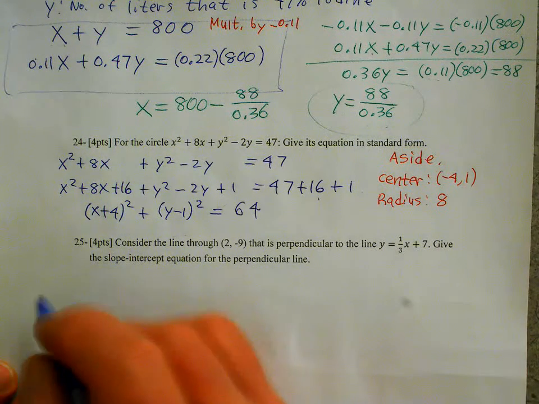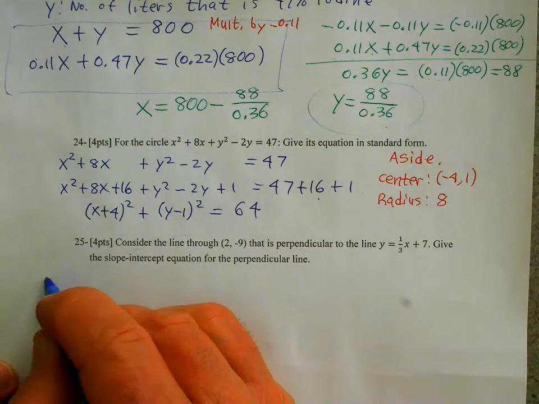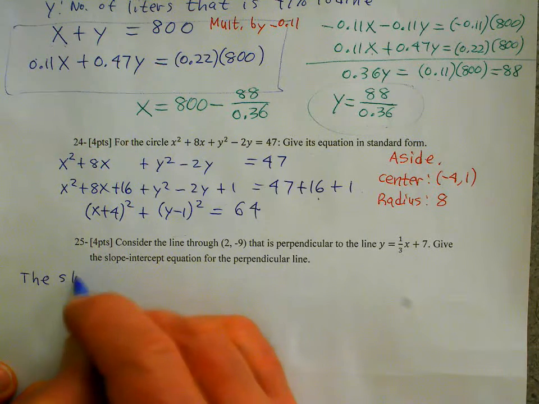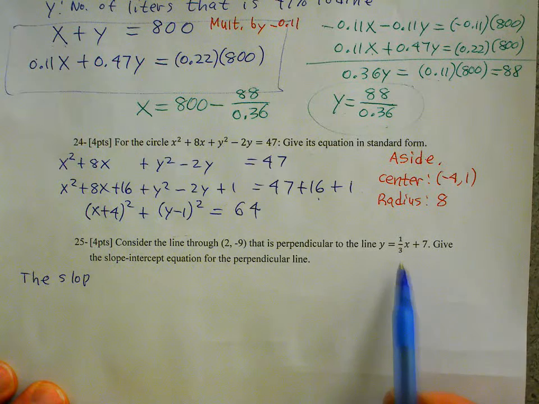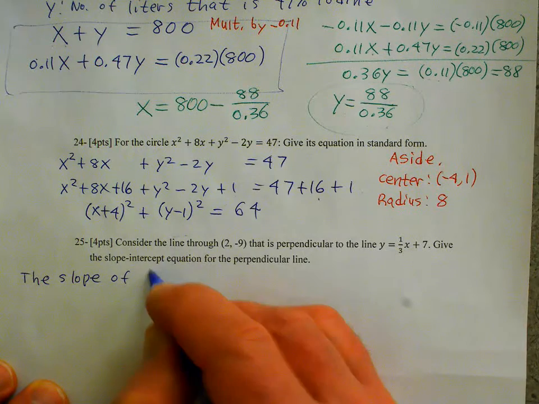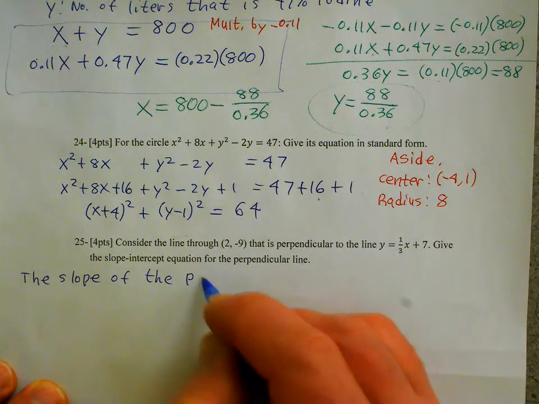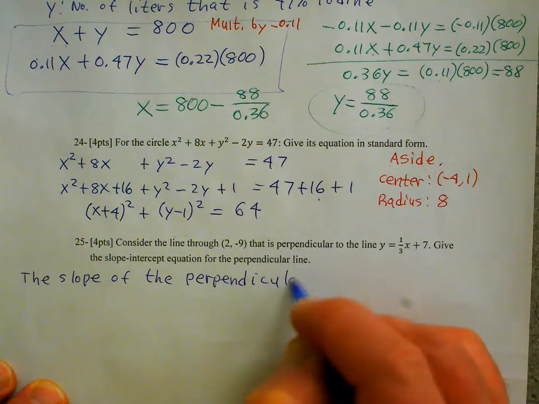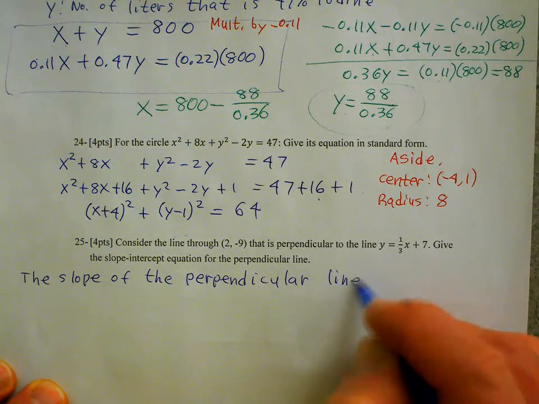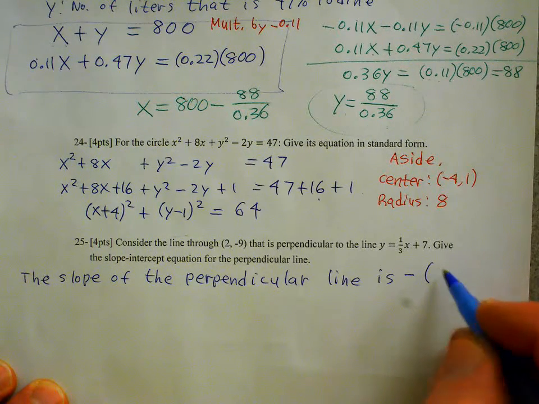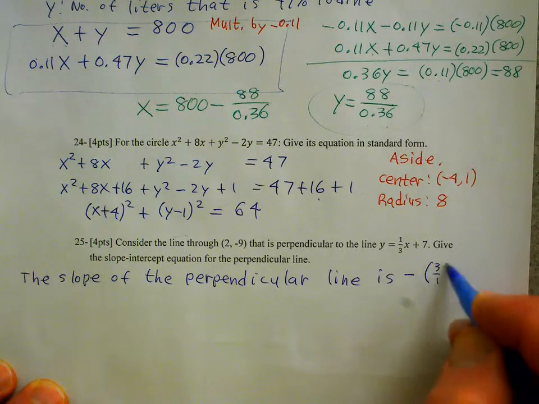Okay, first, the slope of the perpendicular line is the negative reciprocal of the slope of the given line. So the slope of the perpendicular line is the negative reciprocal of 1/3, which is -3/1, or just -3.